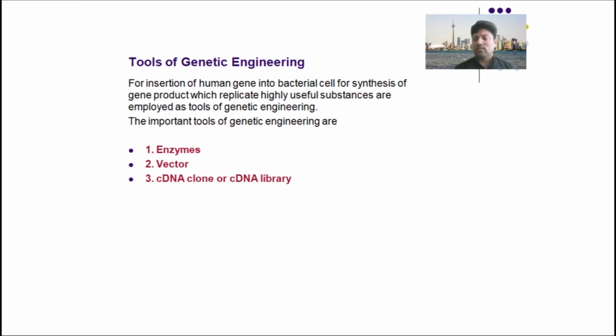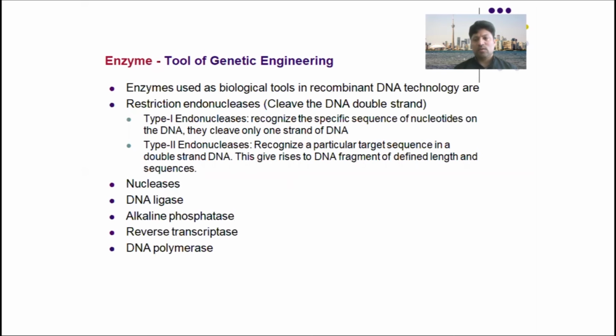So there are three fundamental components of genetic engineering: enzyme, vector, and the cDNA or the cDNA library. Well, we are going to discuss the first component of this discipline, that is enzyme.